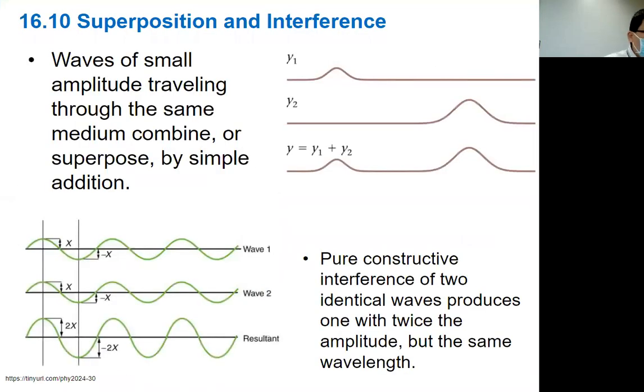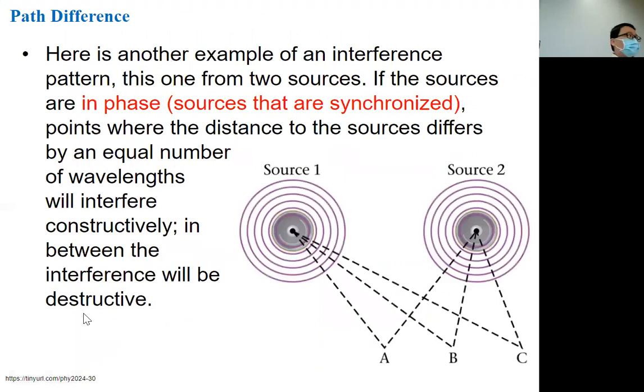A quick review of what we learned for waves. If two waves meet in space, they will add up algebraically. Say you have y1 and y2; when they meet, you just add y1 and y2 to get a resultant wave. If two identical waves meet in space, they add up. We call it constructive interference. For two waves to meet at a location, they might have traveled through different paths.